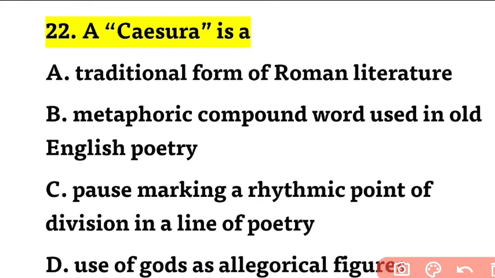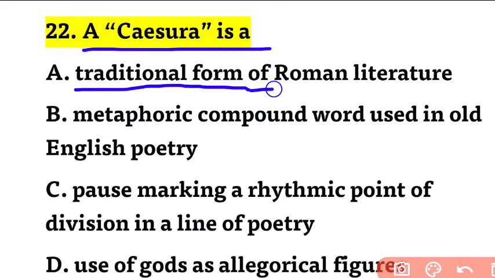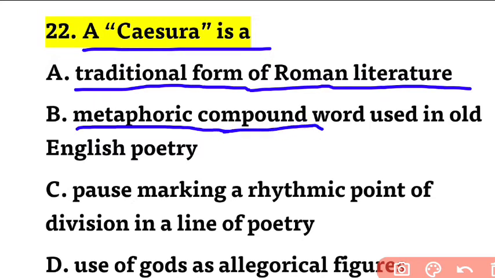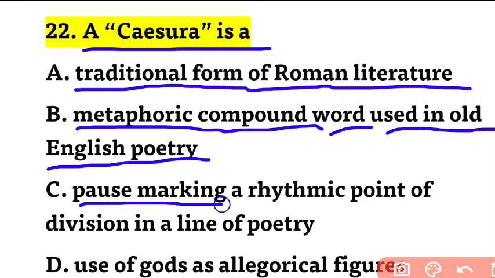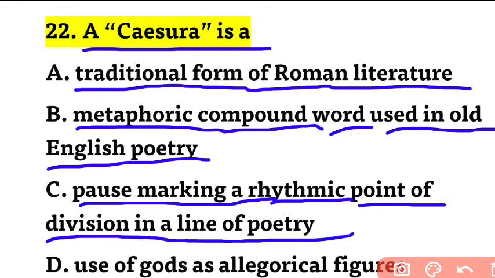A caesura is a traditional form of Roman literature, a metaphoric compound word used in Old English poetry, a pause marking a rhythmic point of division in a line of poetry, or the use of gods as allegorical figures.